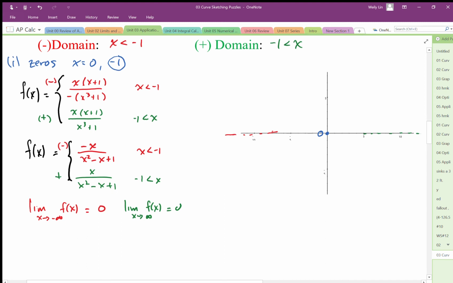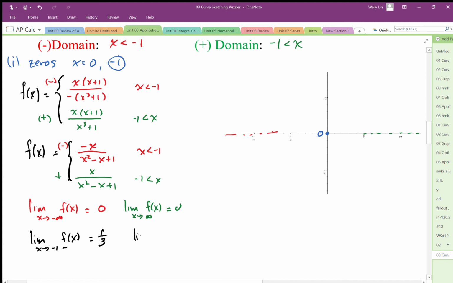Okay, so I'm going to write it formally like this. The limit as x approaches -1 from the negative side, we're going to end up with positive 1/3. Just double check that, positive 1, positive, positive, positive. Okay, so that's going to be positive 1/3.